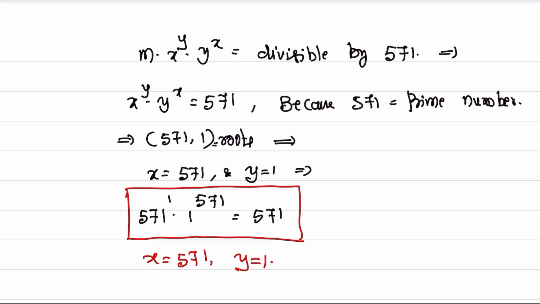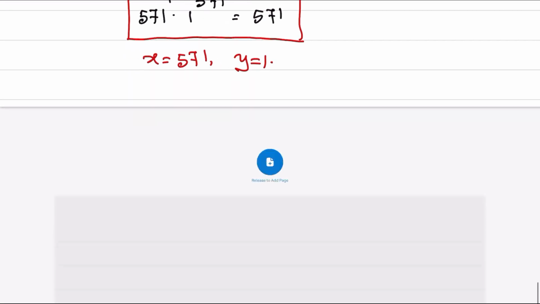Now next is to find out what is the value of m. You just see the next step. It is also very important. Please don't miss any step here. Try to understand.